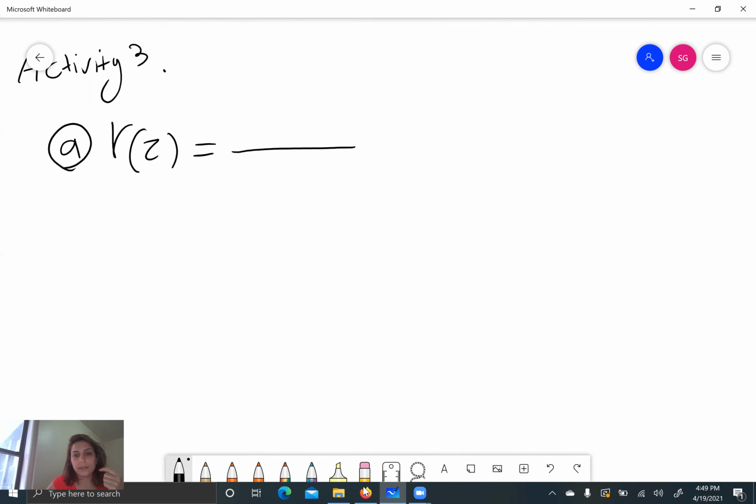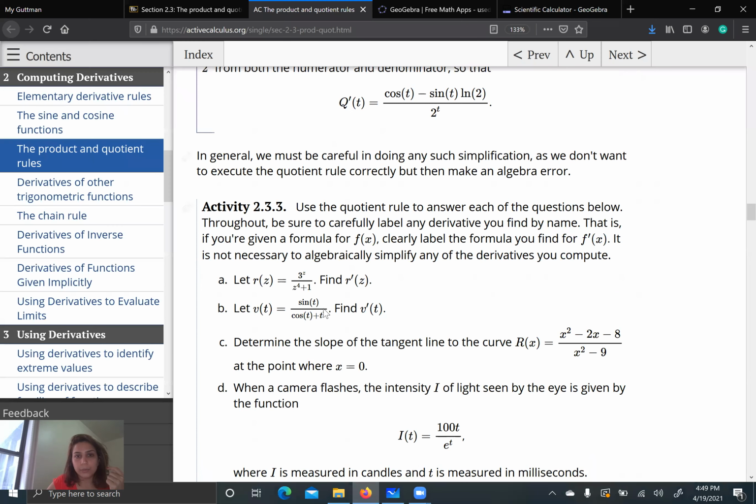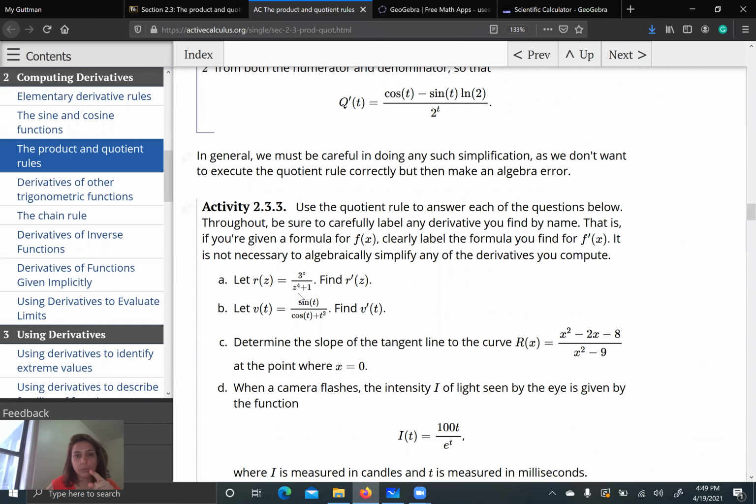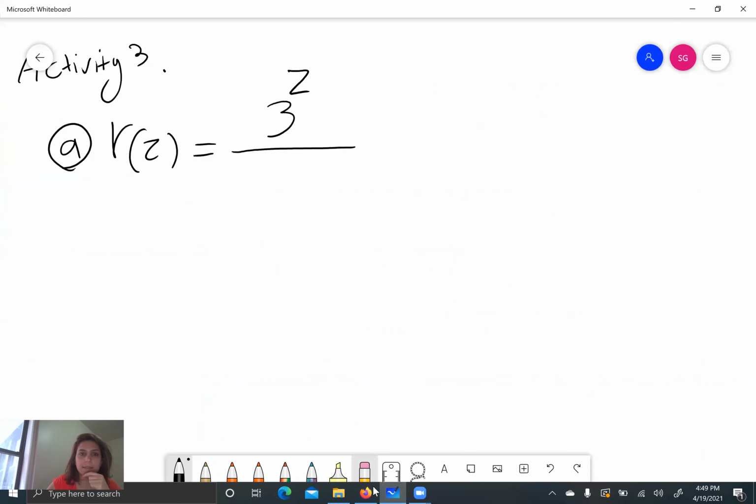On the numerator, we have 3 to the power of Z, and on the denominator, we have Z to the power of 4 plus 1. The question is: find the derivative of this function.